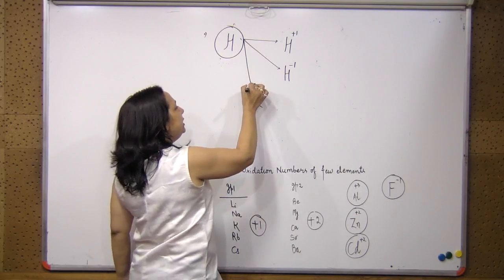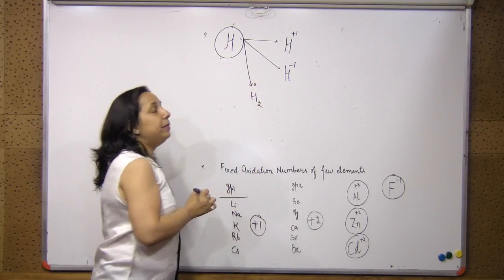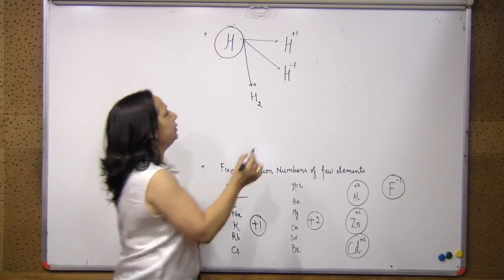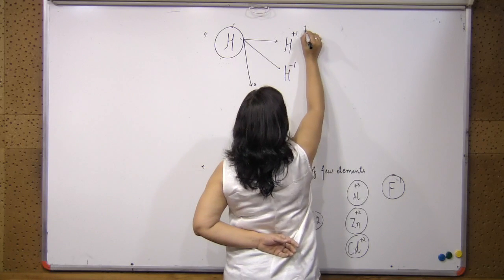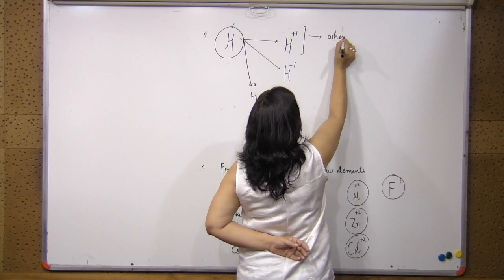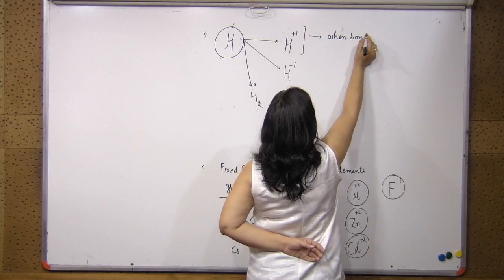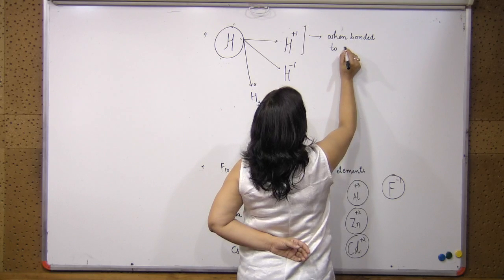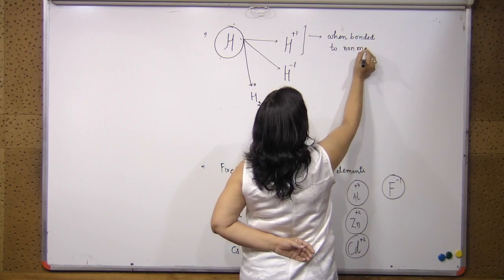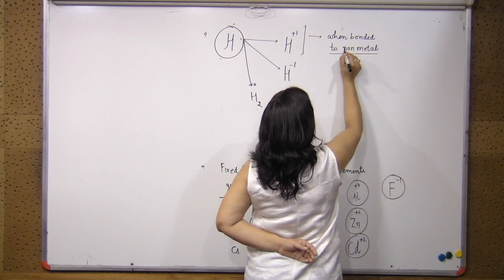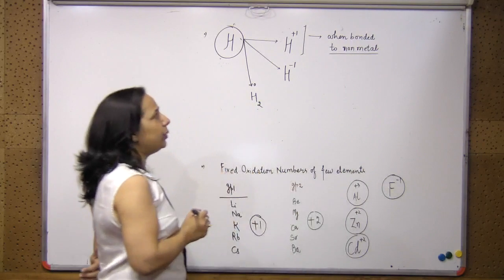It means hydrogen in elementary state is 0, but can be +1 or can be -1 also. Hydrogen is +1 when bonded to some non-metal. If hydrogen is bonded to a non-metal, it's going to be +1.